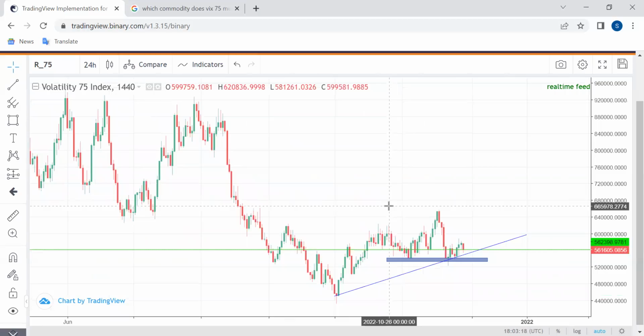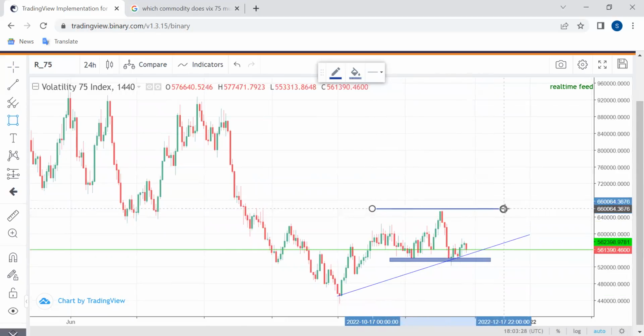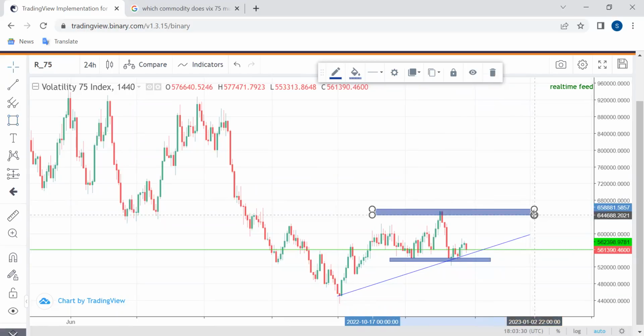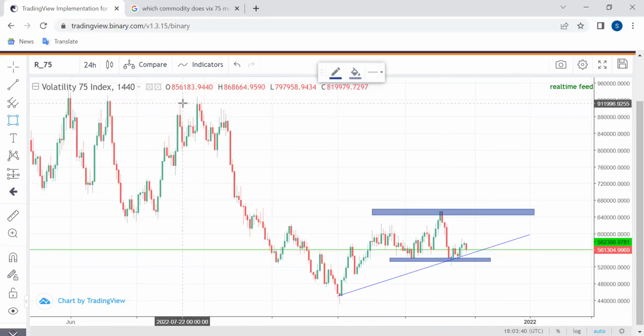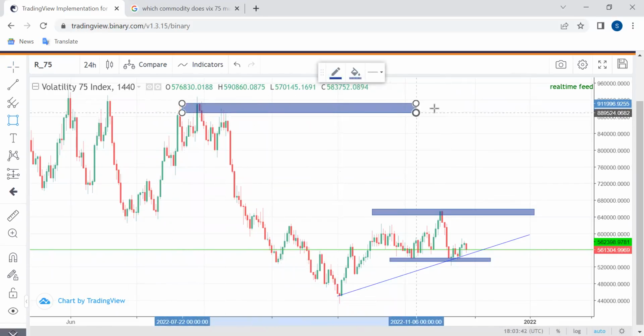After identifying my trend, the next thing I do, as always, is look at my supply and demand zones. You look at the most previous one first. So I've identified my first resistance over there. This is my support over here, my most recent ones. Then I can go a little bit back and identify the older ones.